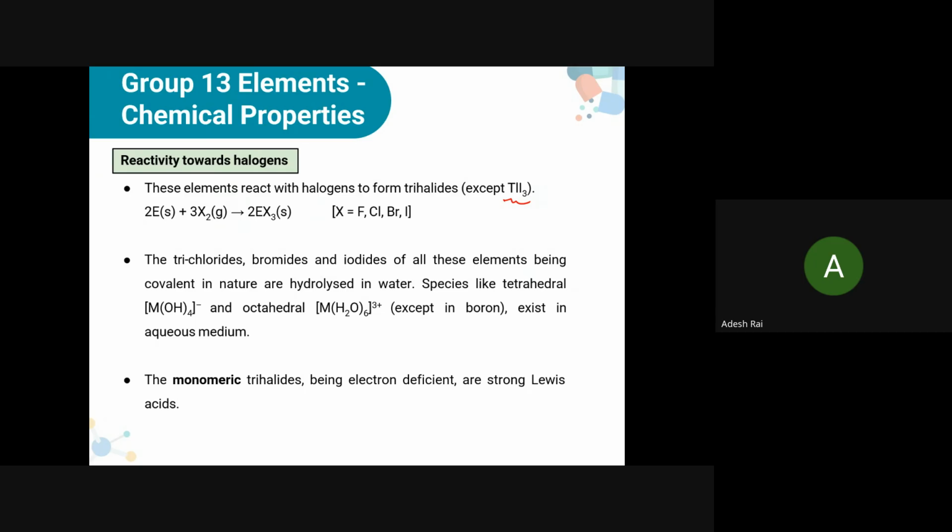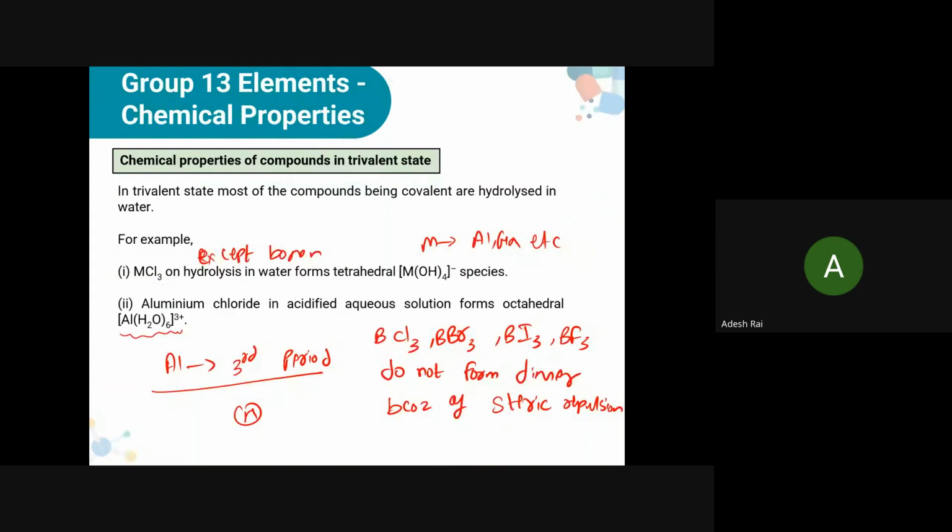Now, the trichlorides, bromides, and iodides of all these elements, being covalent in nature, are hydrolyzed in water. Species like tetrahedral [M(OH)4]- and octahedral [M(H2O)6]3+, except in boron, exist in aqueous medium. This we have already discussed. During this slide, I was telling you, M is what?